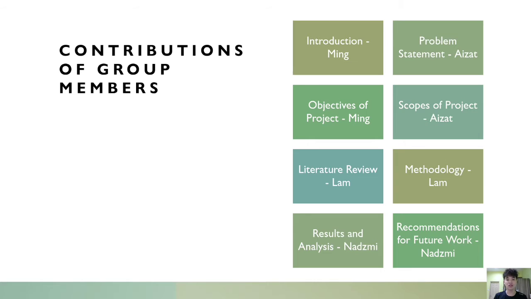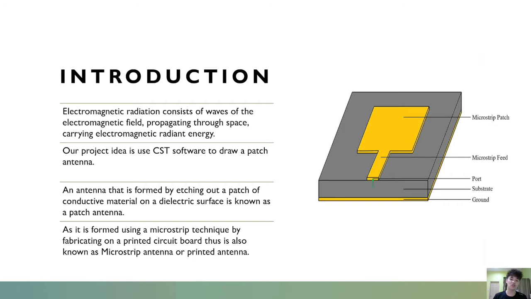I'll go through the next one, which is the introduction. I'll start now. Electromagnetic radiation consists of waves of the electromagnetic field, which propagate through space carrying electromagnetic radiant energy. Our title today is patch antenna. Our project idea is to use CST software to draw a patch antenna.